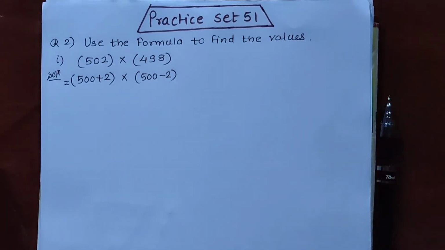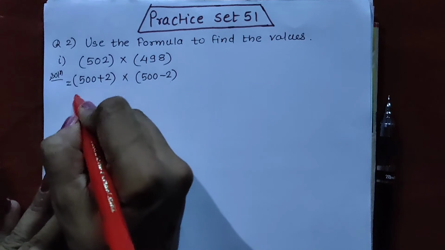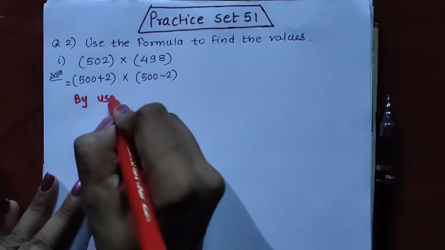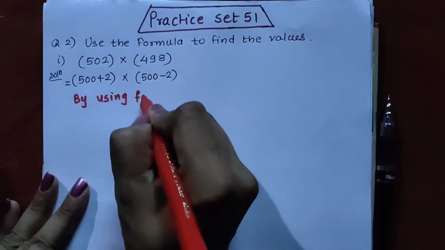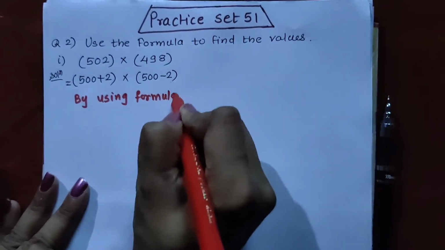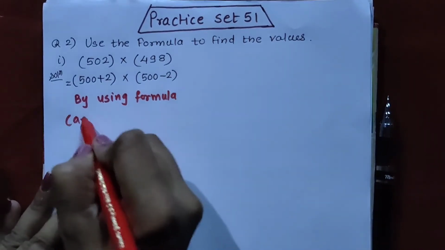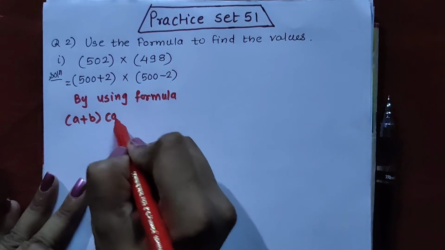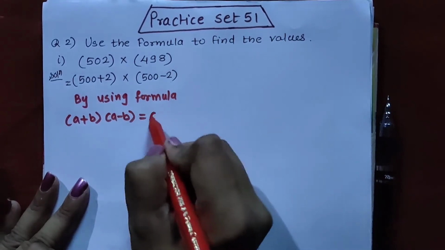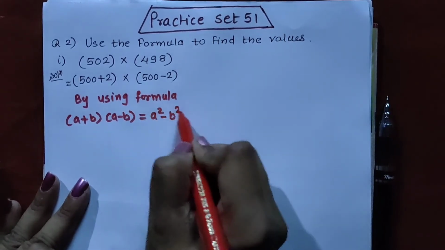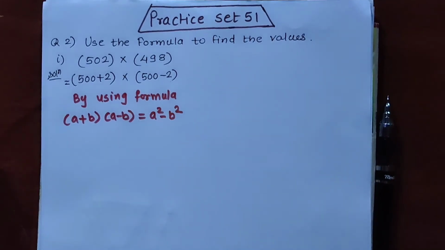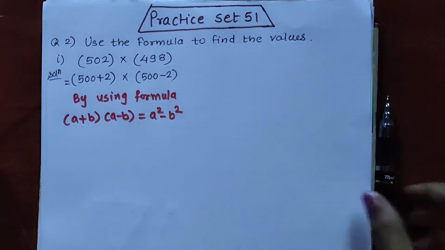Now let us apply the formula. We will write by using formula: (a plus b)(a minus b) is equal to a square minus b square. Now we can use the formula in the question.